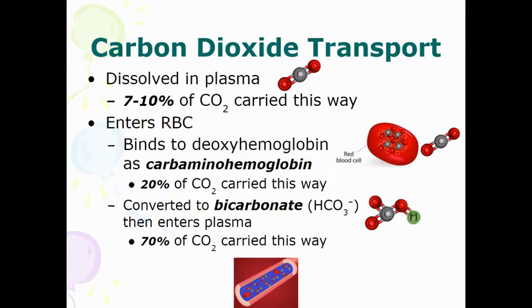And when it binds to the hemoglobin, it's now called carbaminohemoglobin. The rest of it, the other 70%, is going to be converted to bicarbonate while it's in the red blood cells, and then it will enter the plasma as that bicarbonate ion.